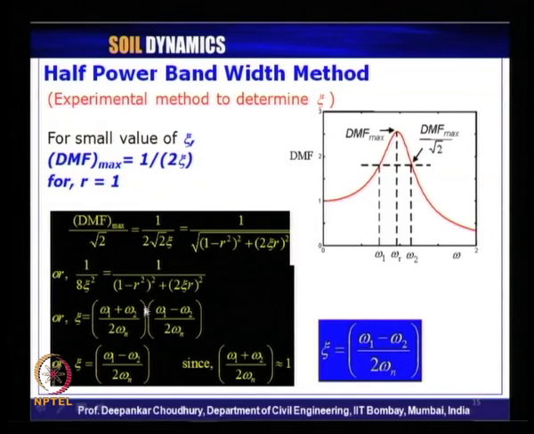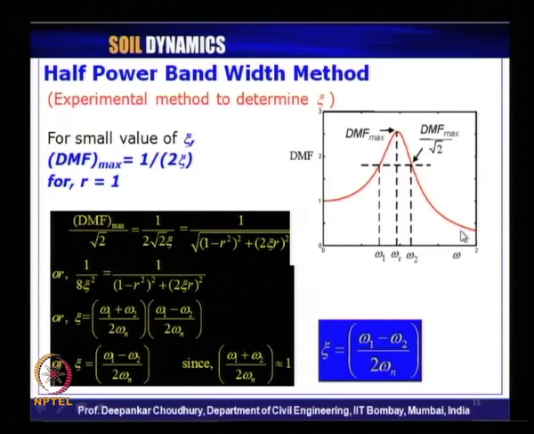On simplification, we express lambda 1 plus lambda 2 by 2 times the natural frequency as almost equal to 1. Then the damping ratio is given by lambda 1 minus lambda 2 divided by 2 omega.